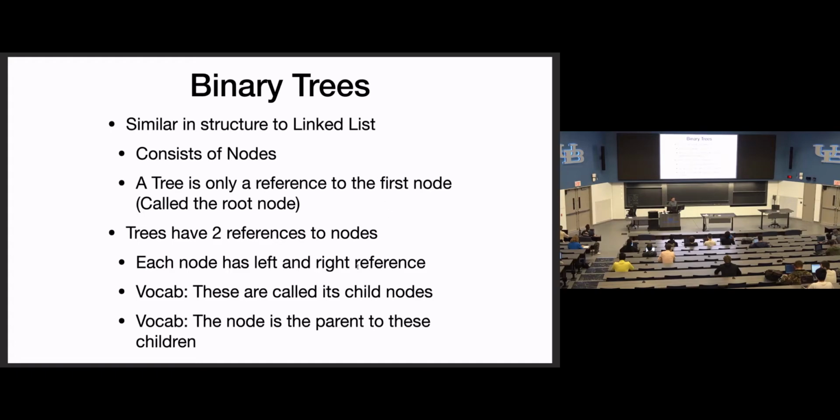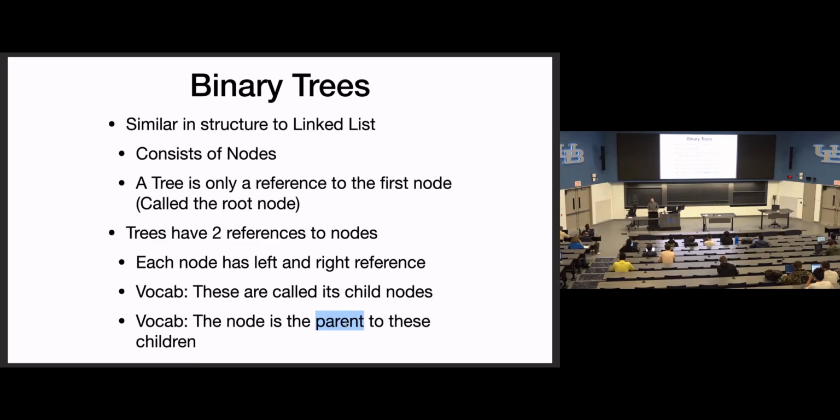And instead of next, we say the two nodes that are referred to by a node are the child nodes of that node, and those nodes have that node as a parent node. So there's a bit of vocab. This extends throughout the whole family tree naming conventions. A child of a child node is a grandchild node, and going in the reverse direction, there's grandparent nodes, and there are aunt and uncle nodes.